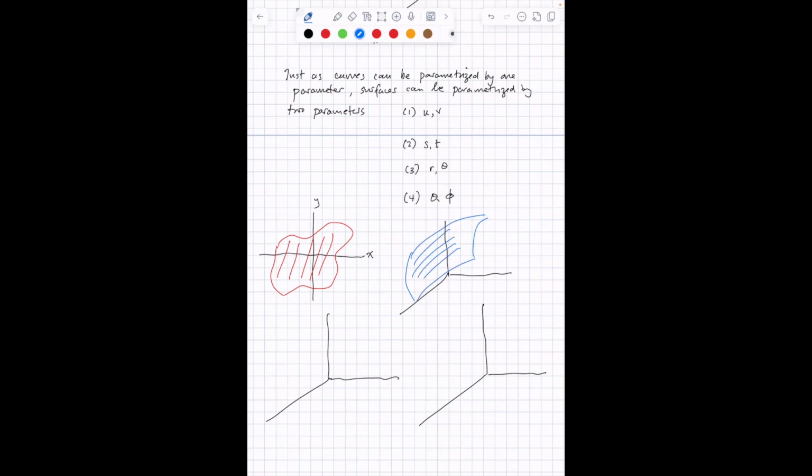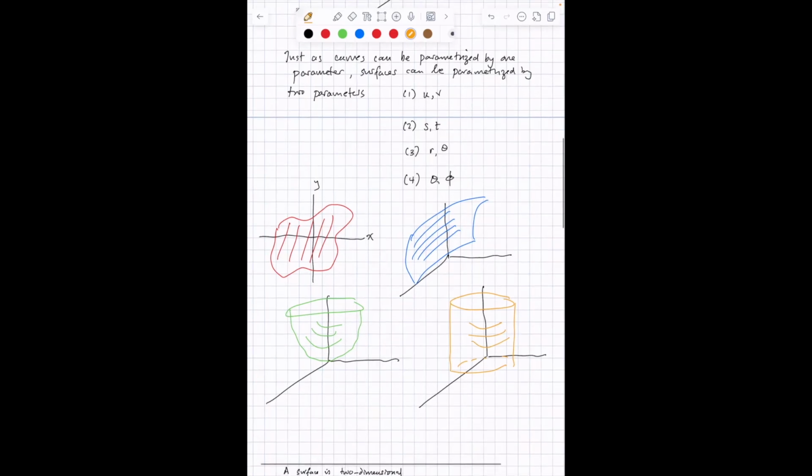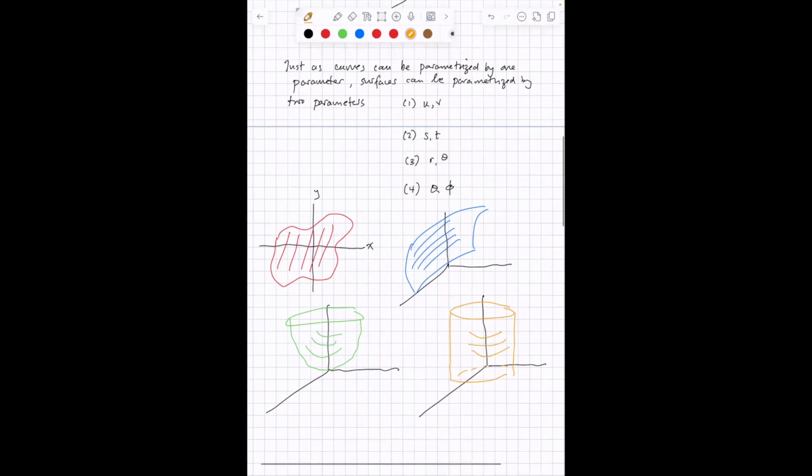It could look like a paraboloid like that. It could also look like, for example, a cylinder. Anything with a two-dimensional outline to it is going to be a surface. And so now we're going to look at lots of examples on how surfaces are constructed.